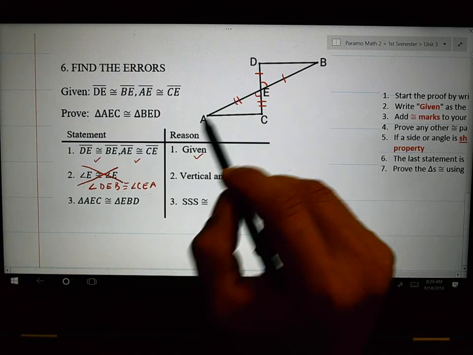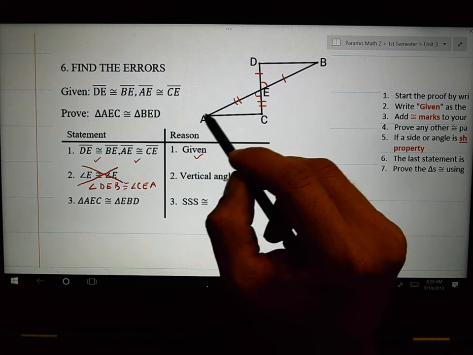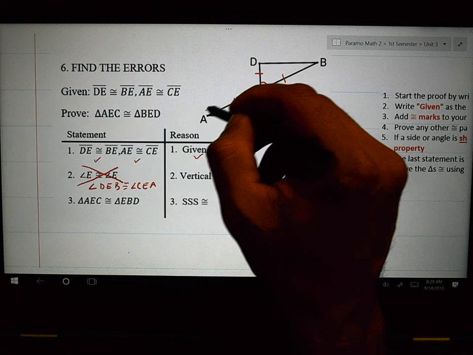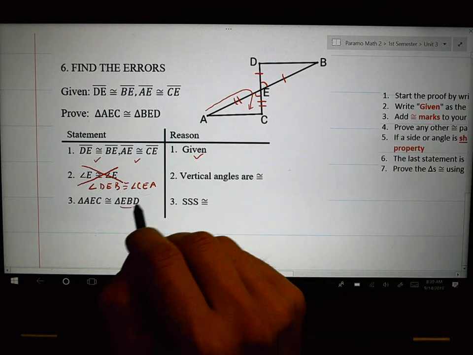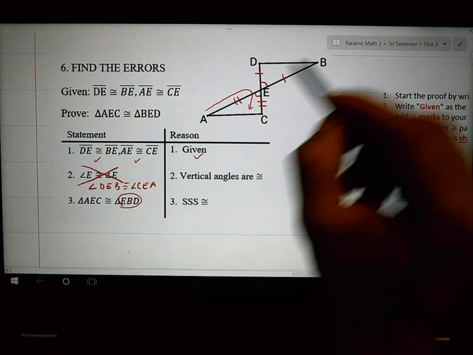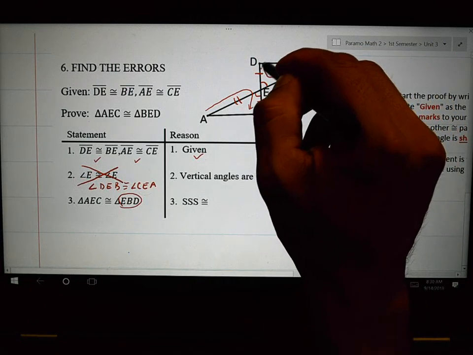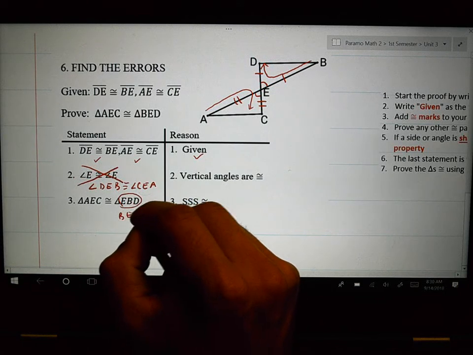If I was doing AEC, A is this long pointy end, then to E, then to C, we went like this. Then I would need this side here to match up with that side, which it doesn't. Shouldn't it be like this? BED? That's the first mistake that I see.